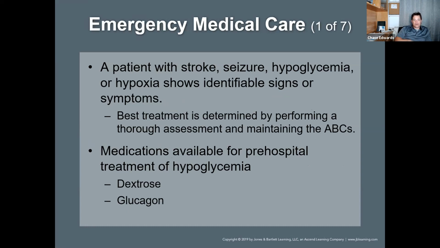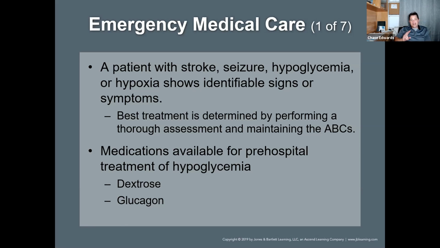So a patient with stroke, seizures, hypoglycemia, or hypoxia typically shows identifiable signs or symptoms, and treatment options are readily available. Most of your interventions are going to be based on your assessment findings. Your best treatment is determined by performing a thorough assessment and maintaining your ABCs, right?